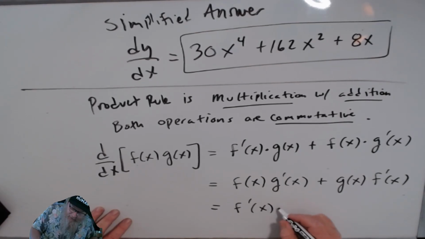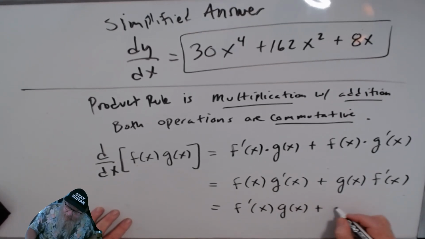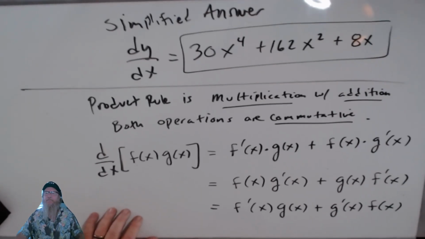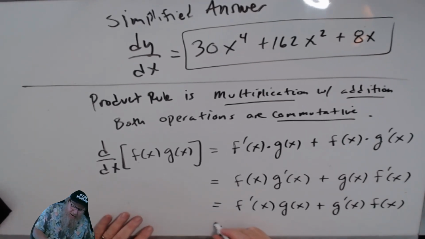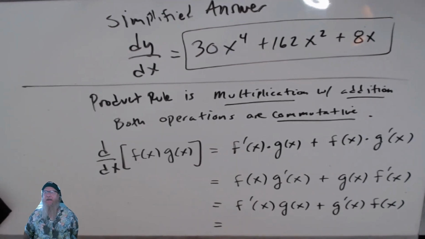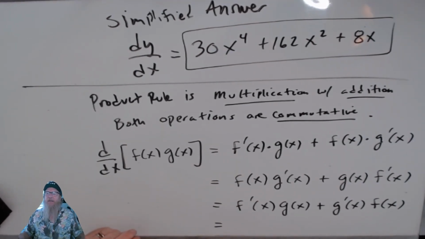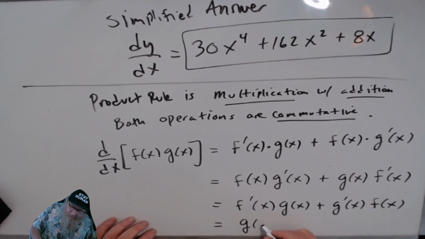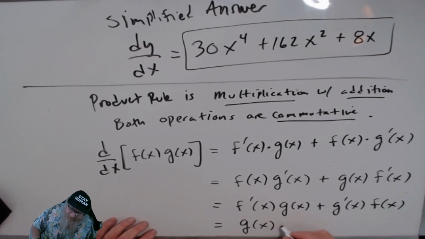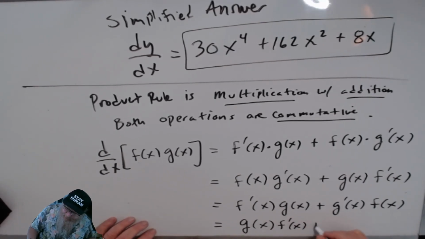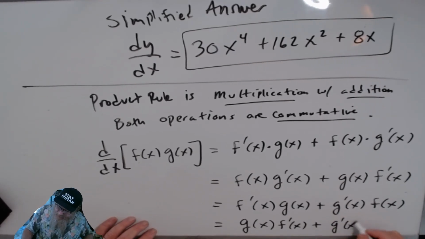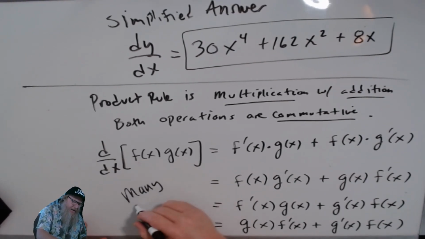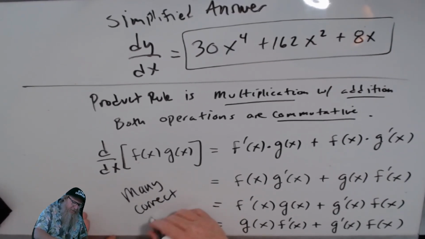F prime times g plus g prime times f. So there are many different ways to write it that may all be correct. Yeah. Let me do one more. How about g times f prime plus g prime times f. Yeah. So there are many correct forms.